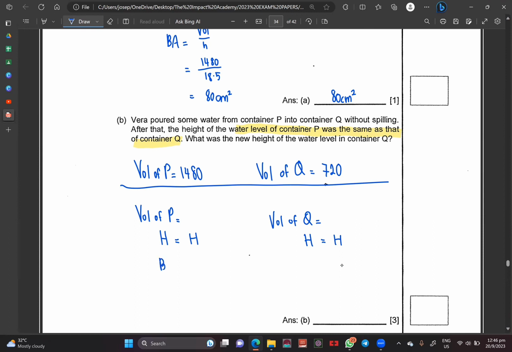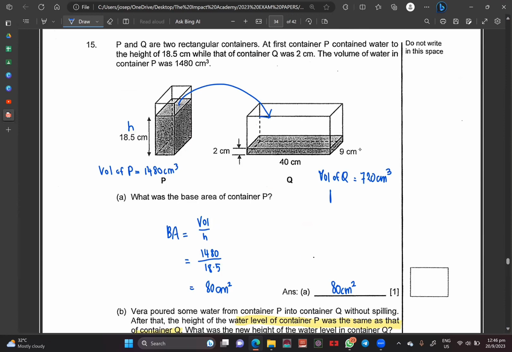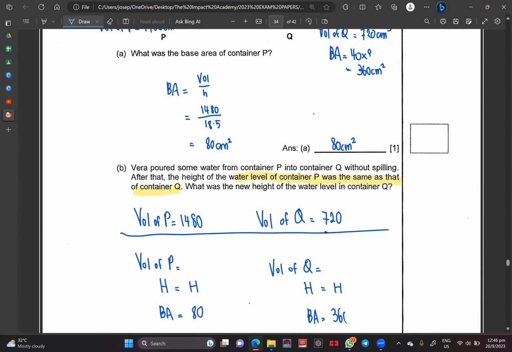Now, there's one thing that doesn't change in container P, and that is the base area. No matter how much you pour or how much you take out, the base area will never ever change. You must always remember this. So this is 80. And for Q, the base area will also never change. We can see over here that the base area is 40 times 9, which is equal to 360 cm². So we also write down 360.